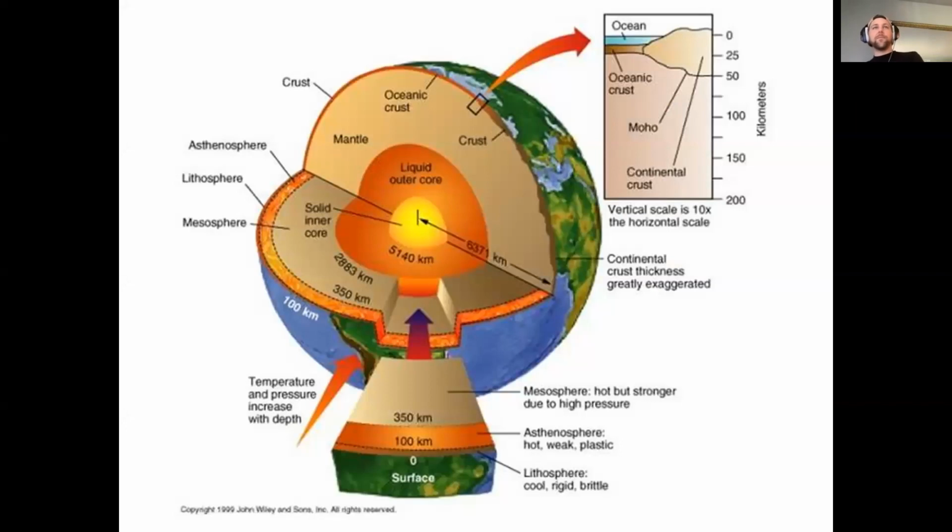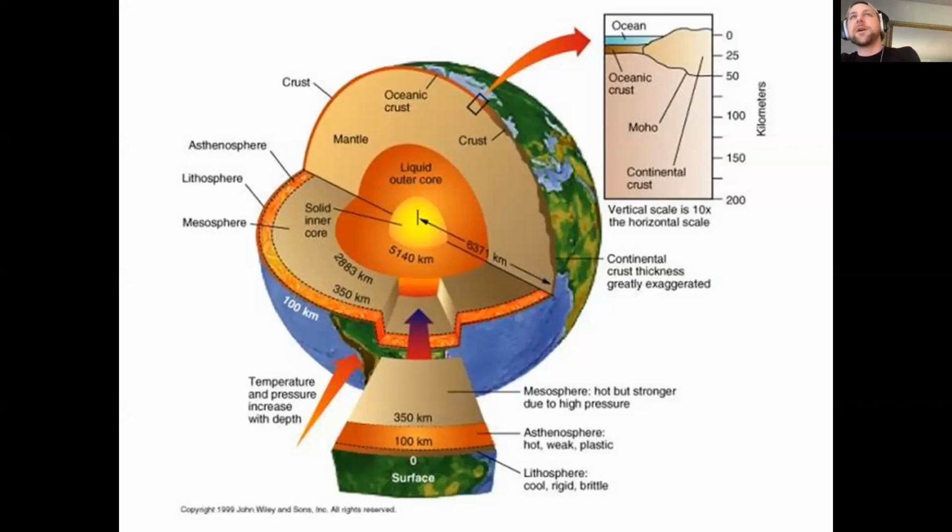So pulling up a couple images, this one is a much more detailed look at the cross section of the Earth. You can see some distances. You can see the radius of the Earth being just over 6,000 kilometers. And then the picture at the top right, where it's breaking the crust down into several different layers.